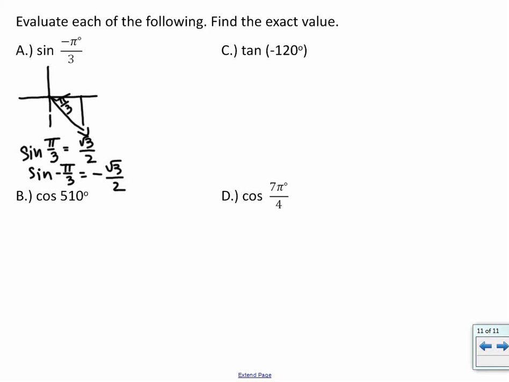For B, cosine of 510. So 510 is going to be more than 360. So if I subtract 360 from that, I get that 510 minus 360 degrees is 150. So that means I'm going to go one full revolution around and then another 150 degrees.